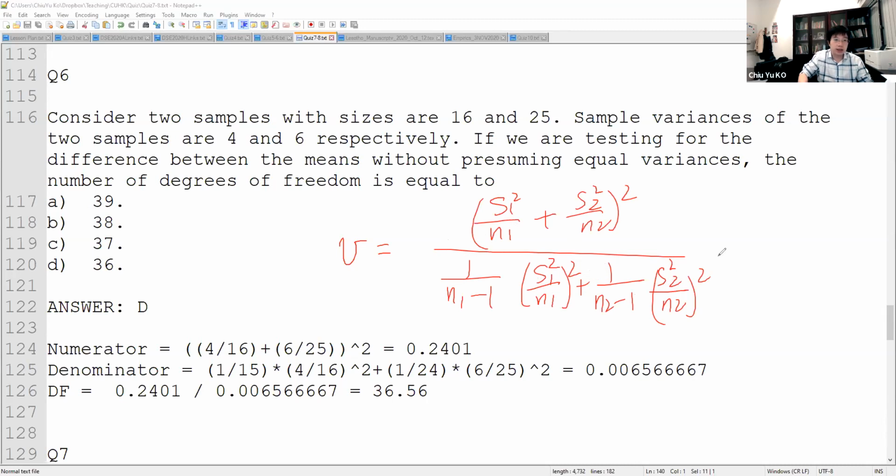Once you calculate, that is 36.56. Remember the round down function, so you have 36. You always use the floor function. I think you saw this floor function when we talked about the interquartile range, right?